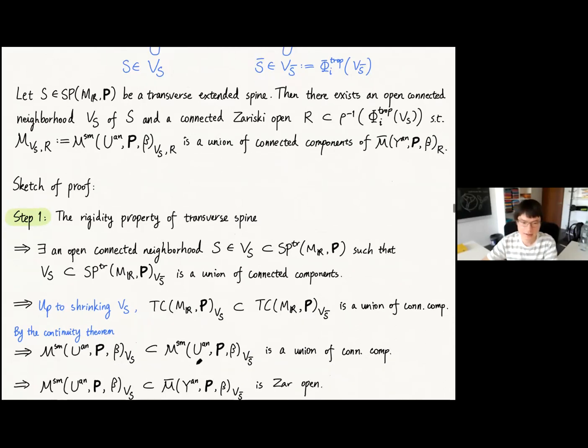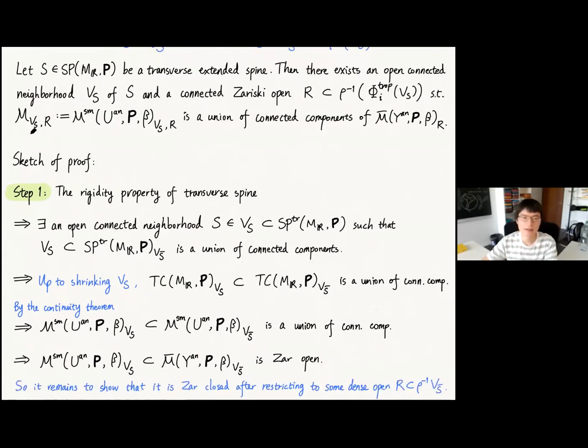And since the right-hand side is a Zariski open inside the proper moduli stack M bar, we deduce that M smooth restricted to Vs is a Zariski open inside the proper moduli stack M bar restricted to Vs bar.